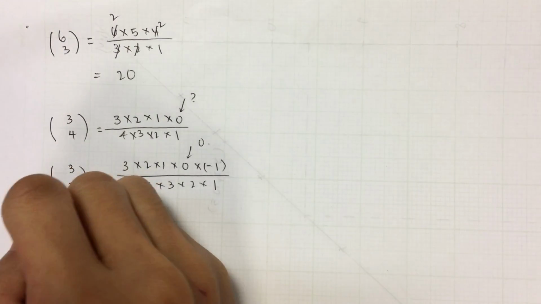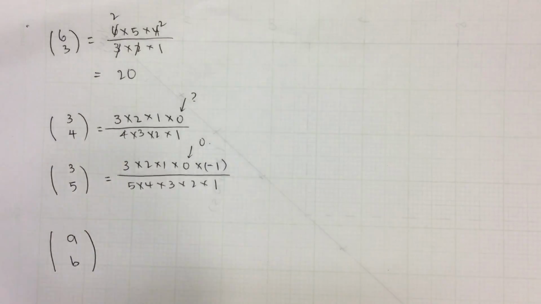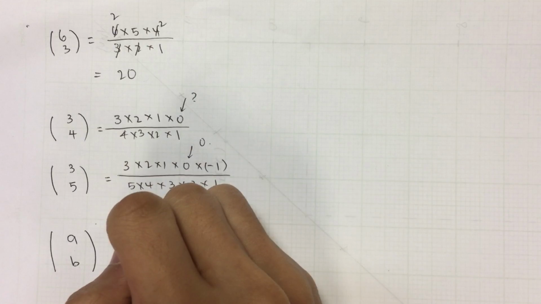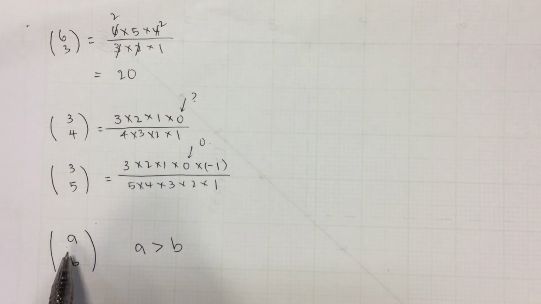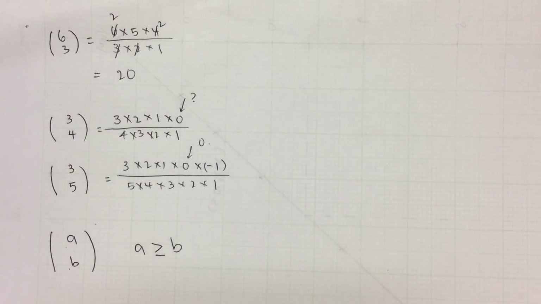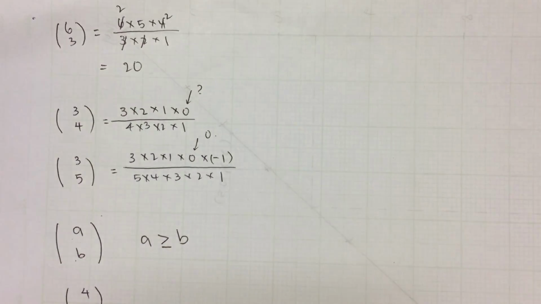So when we write down a notation like this, A, B, we will assume that A must be bigger than B, otherwise it doesn't make sense. Can A and B be equal? Yes, it can be equal. For example, 4, 4.